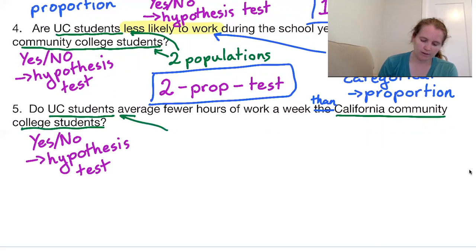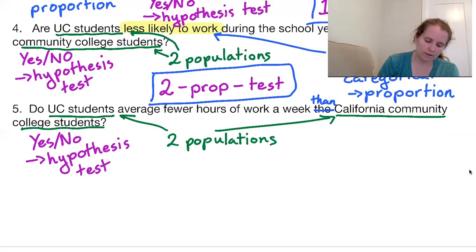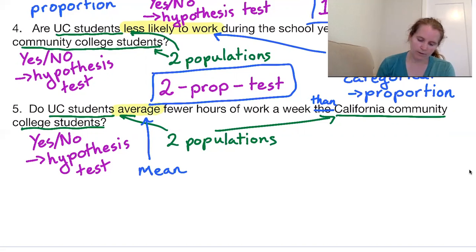So we have two populations. And we are talking about the average. So we are working with the mean. So we are looking at two populations, talking about the mean, and running a test.